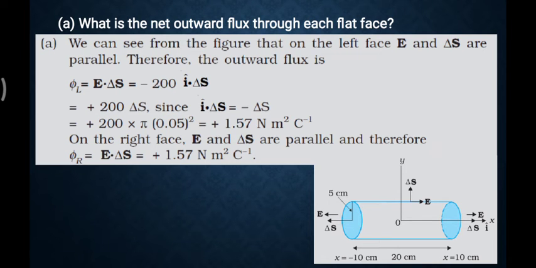Task A. What is the net outward flux through the flat surface? We can see in the figure that for the left face, E and delta S are parallel.